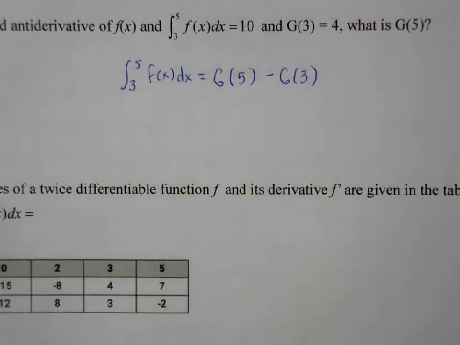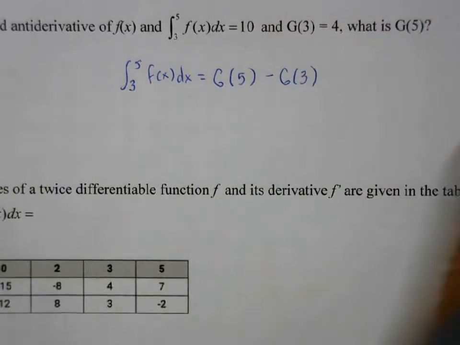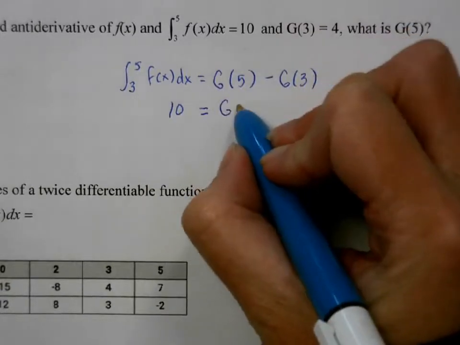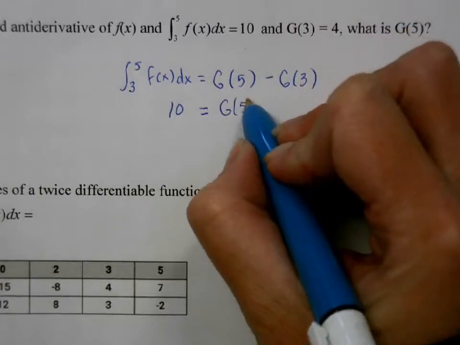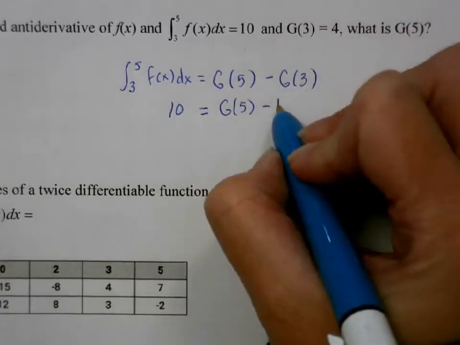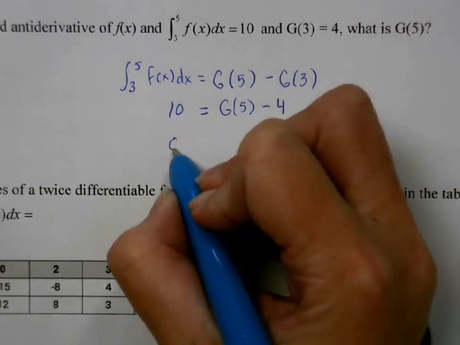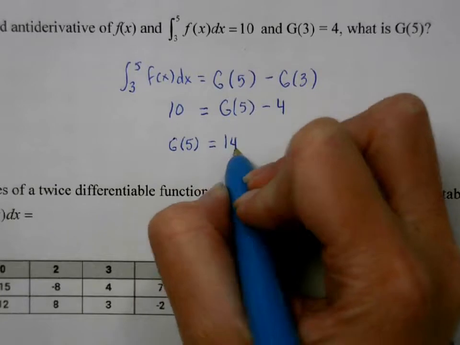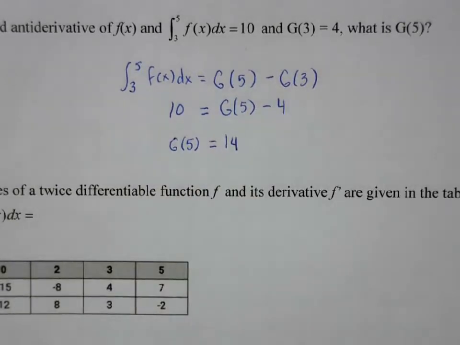This is 10. We're solving for g of 5, and we're told g of 3 is 4. So with some simple algebra, g of 5 is 14. So this is a pretty common use for the fundamental theorem.